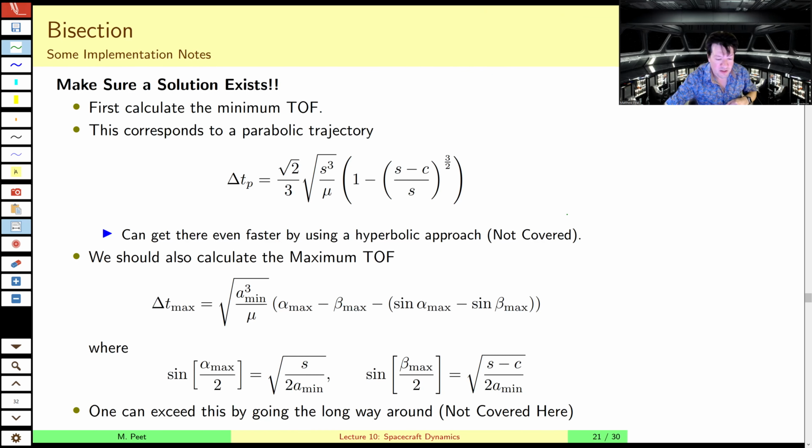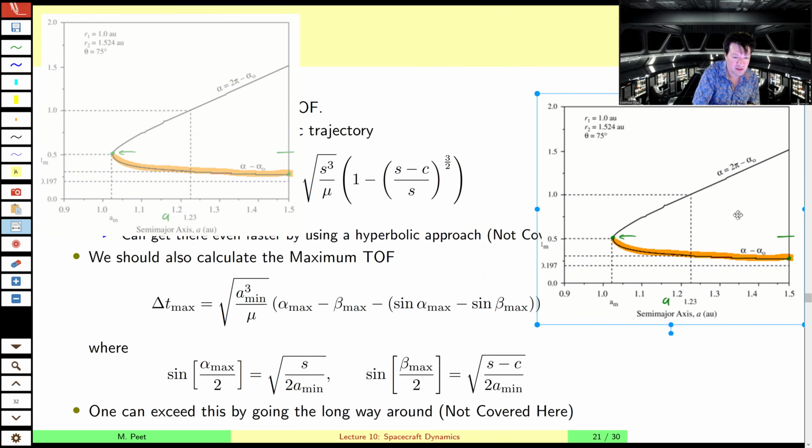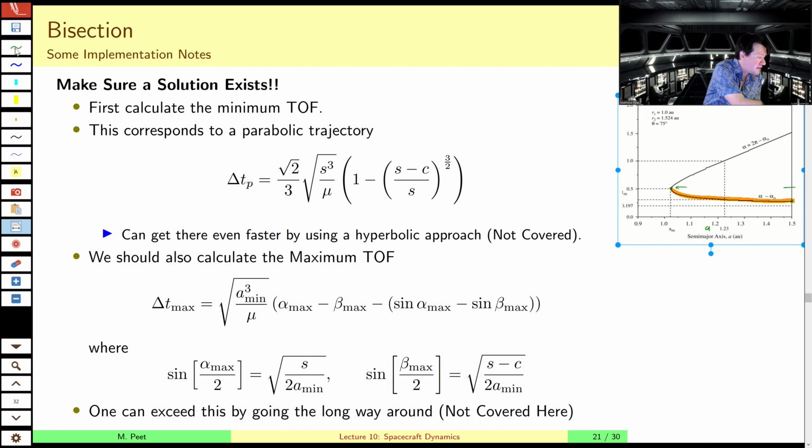Okay. So now let's go back to that plot again. Again, I told you we're going to bring it back a couple times. Right. And just calculate those values to make sure that we are on the desired arc and to get bounds on our A min and our A max.